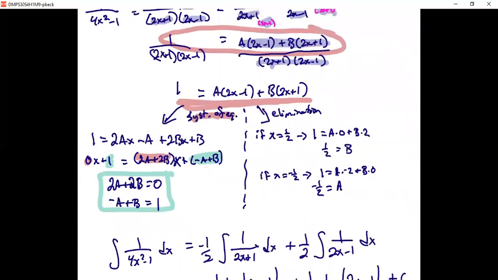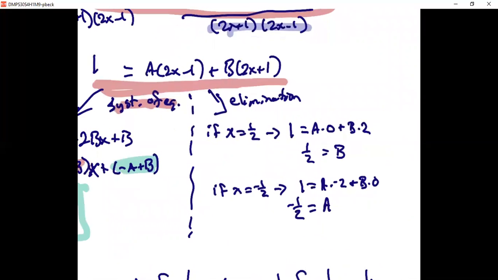Now, the faster approach is more the elimination approach. And what we're saying with the elimination approach, let me change colors here, is that if x equals 1/2, which seems like an entirely random number, the reason why I chose 1/2 is because I'm going to eliminate the a. By eliminating the a, what that allows me to do is to say, okay, directly, and I know 2b equals 1, so b is 1/2.